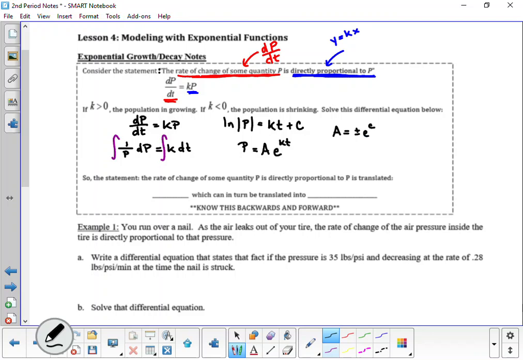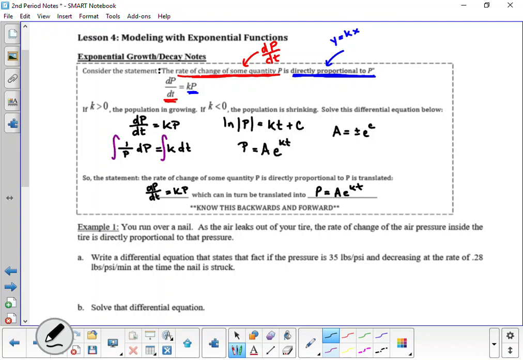Okay, so you can always think that the rate of change is directly proportional, which is dp dt equals kp. Automatically translates into p equals ae to the kt. But sometimes it doesn't say directly proportional to p. Sometimes it says directly proportional to p minus 2, or directly proportional to p squared, or something else.